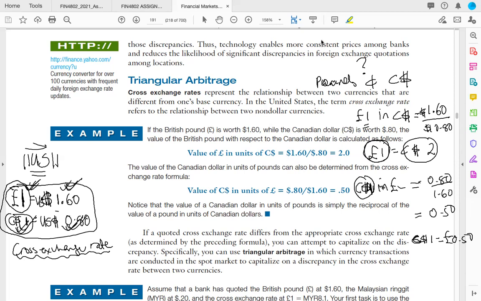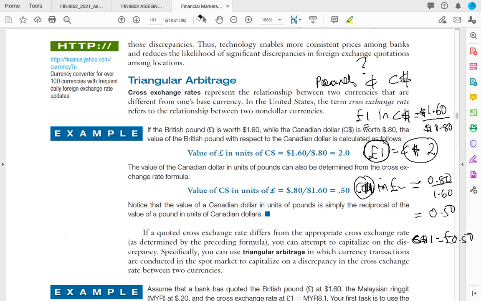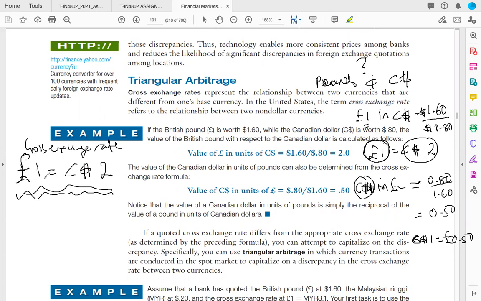But you see what will happen in reality. Sometimes there'll be an arbitrage opportunity, because you'll sit down and calculate your cross exchange rates, do your maths, and you might find that this is the cross exchange rate between the pound and the Canadian dollar, based on your calculations using the exchange rates of the pound and the Canadian dollar against the US dollar.